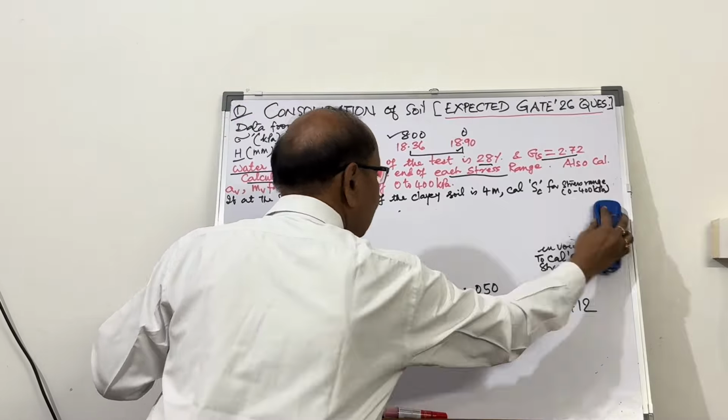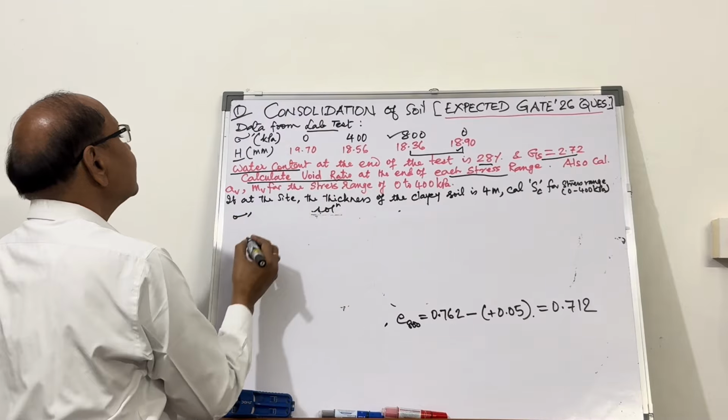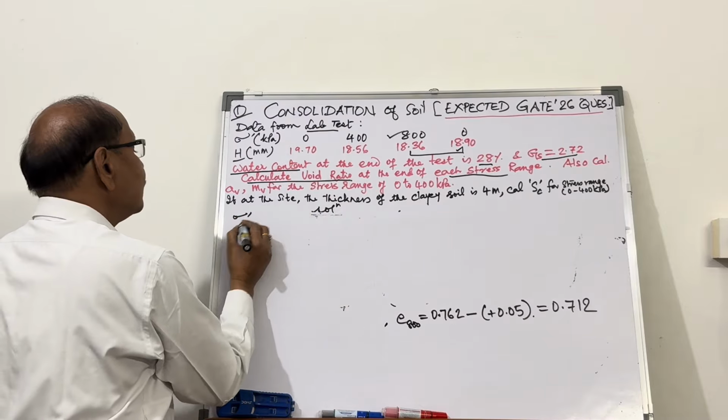First of all is your effective pressure. We know the effective pressure is going to be in kilopascal: 0, then 400, then 800, and then again you allow it to be 0.